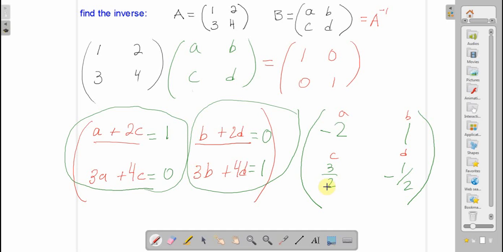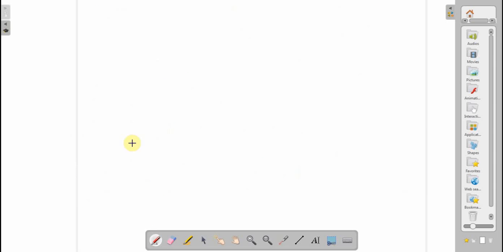So you have these values, but you still have to do another test. The first test that we did was A times B equals I. Now we have to do B times A equals I. I said B is the array of the matrix we're looking for.